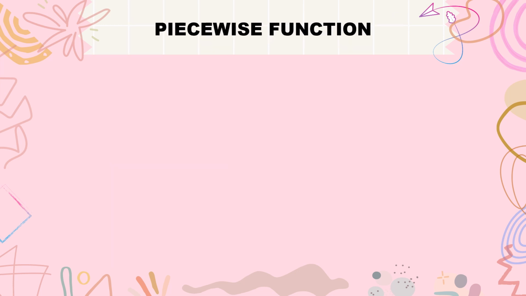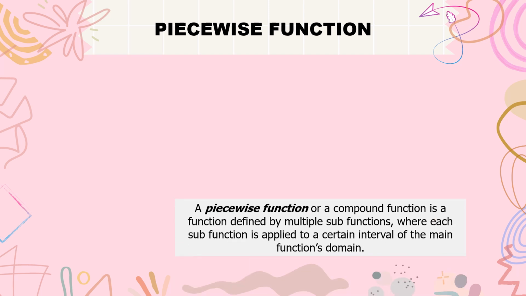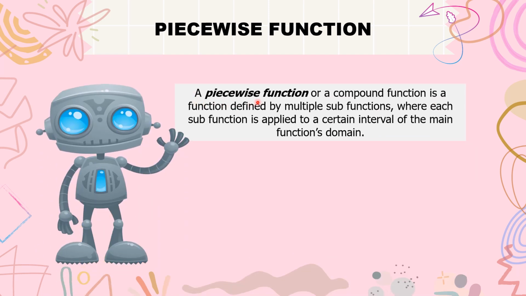What is a piecewise function? A piecewise function or a compound function is a function defined by multiple sub-functions, where each sub-function is applied to a certain interval of the main function's domain.